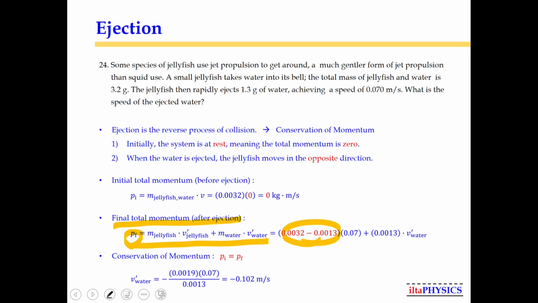Using the law of conservation of momentum, the velocity of the water after ejection is minus 0.102 meters per second. Notice that the velocity is negative. This physically means the water is moving in the opposite direction of the jellyfish. The physical phenomenon is different, but the conservation of momentum we studied applies exactly the same way.